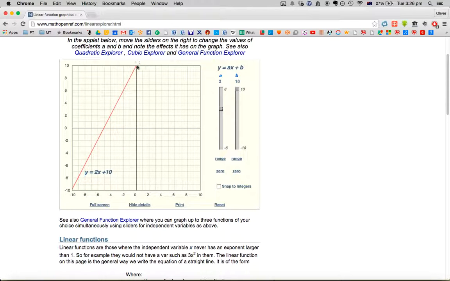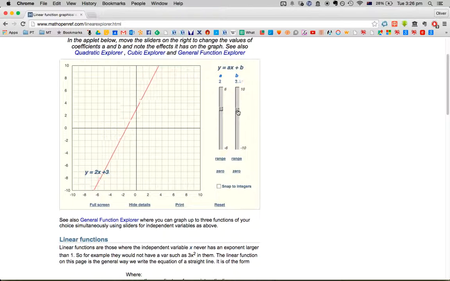What I've just done is I've made the y-intercept now 10, and this line now cuts the y-axis at y equals 10. What about if I slide it down to 5? How's it going to look there? 5. What a surprise. The linear graph is cutting the y-axis at y equals 5. So the y-intercept is now 5. One final example.